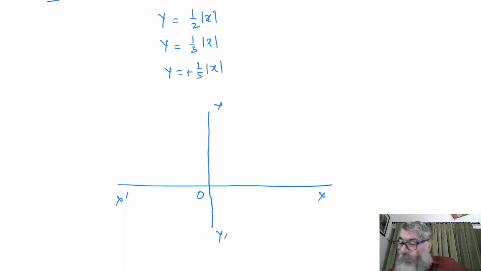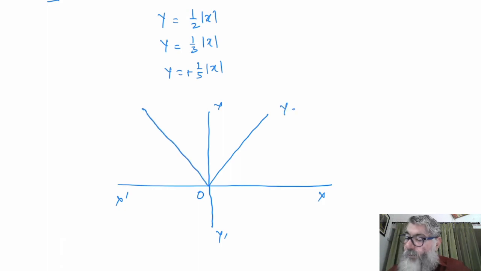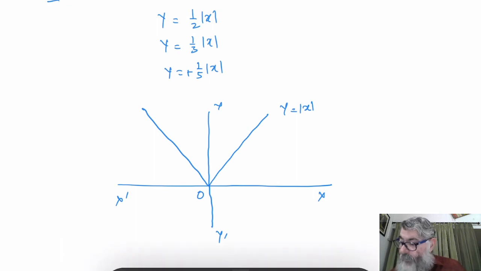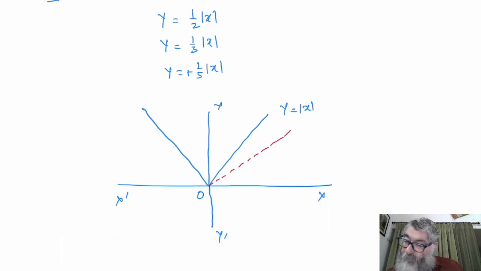Now let me draw first the curve y is equal to modulus x. Now if I want to draw y is equal to half modulus x, then it will be expanded. It will go away from the y-axis. Expansion will be there. This is y is equal to half modulus x.